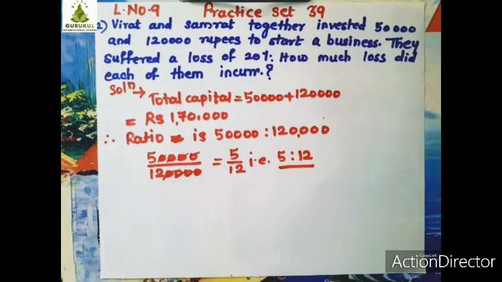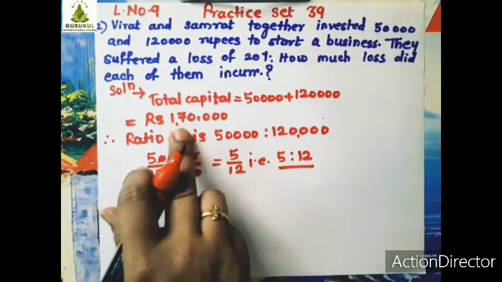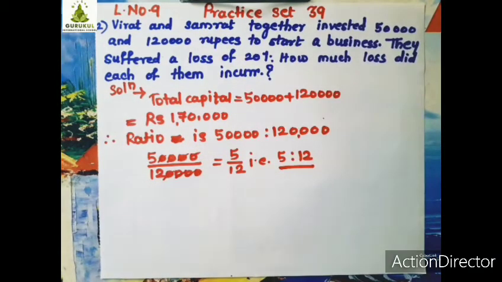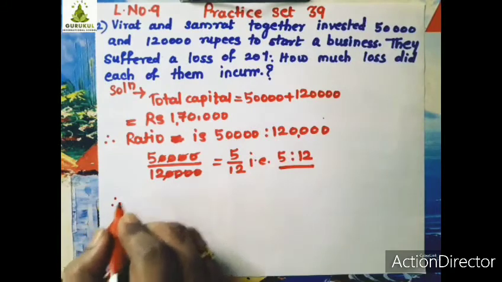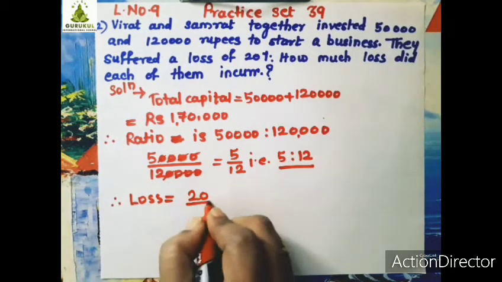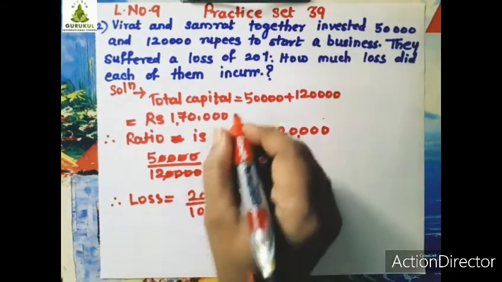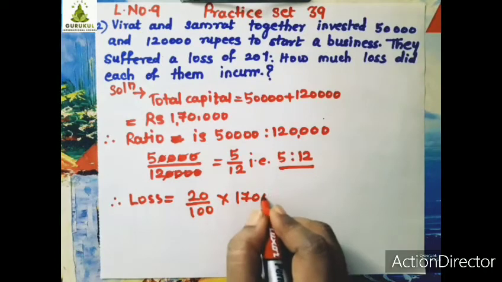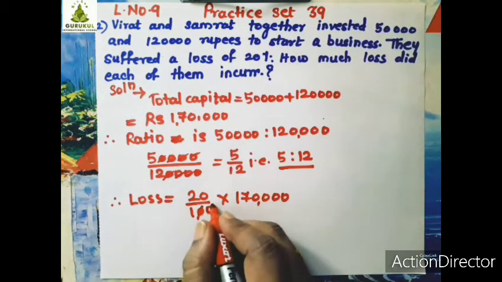Correct. Now in this ratio we have to divide the loss, but how much is the loss? 20%. So loss is equal to 20 upon 100, and total investment is 1,70,000, which we have already calculated. So zeros cut.